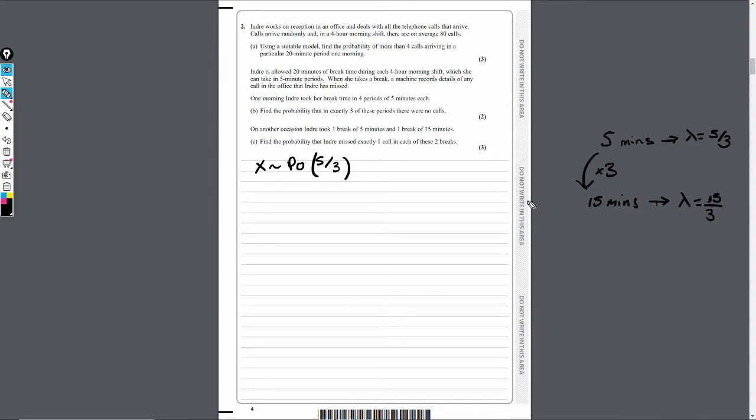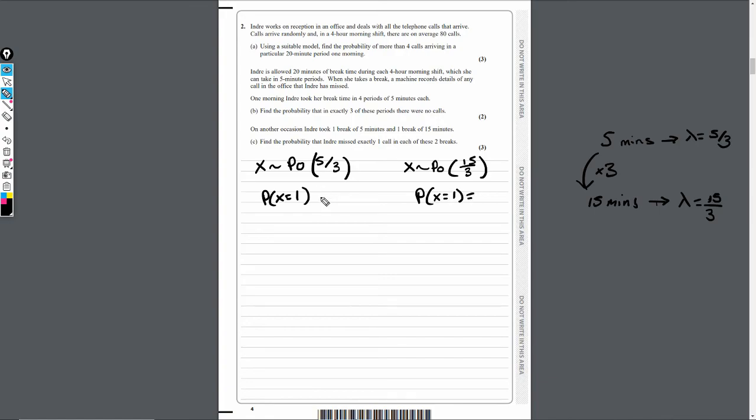Let's work out each individual one now. So we're going to have X is Poisson with the 5-minute lambda, and then we're going to do another one again. Again, I'll call this one just X, being a bit lazy, but with the 15-minute lambda. Okay. So what we've got to work out now is the probability that X is equal to 1 for both of these, and then just times our answers, and we've simply got it. So the probability that X is equal to 1, because it's exactly 1 call, for both of them.